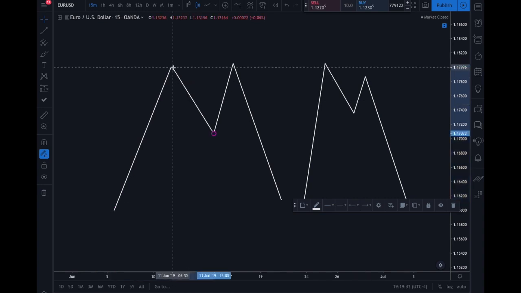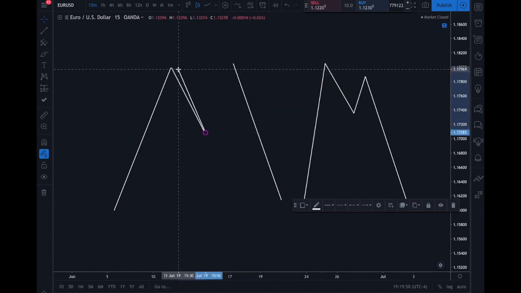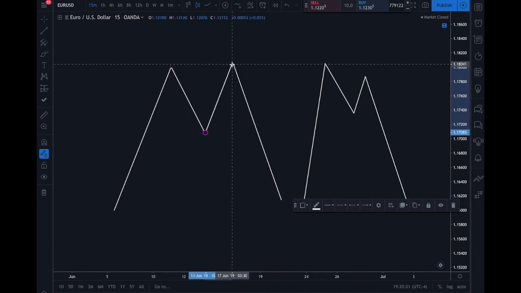Once they have a decent amount of traders going long, you're going to have some traders that ultimately go short. So what happens here is they go back up to retest this high. Now, this does two things.